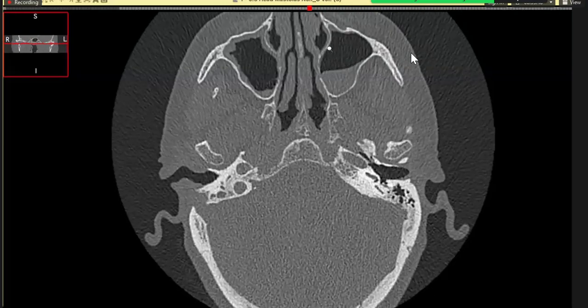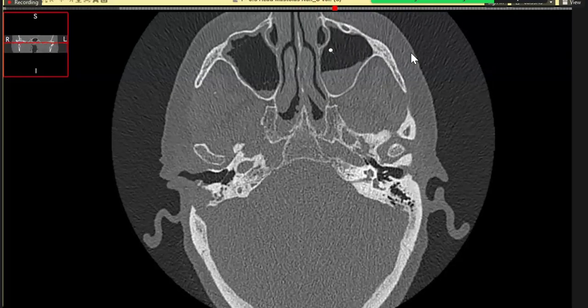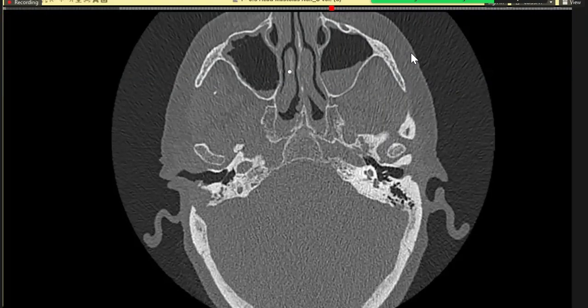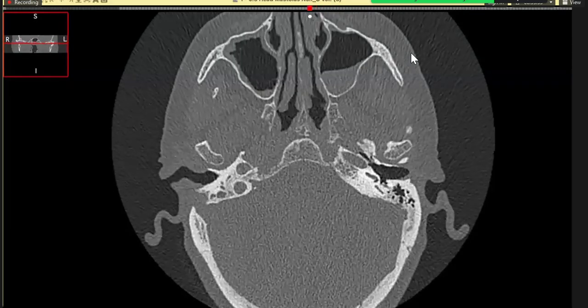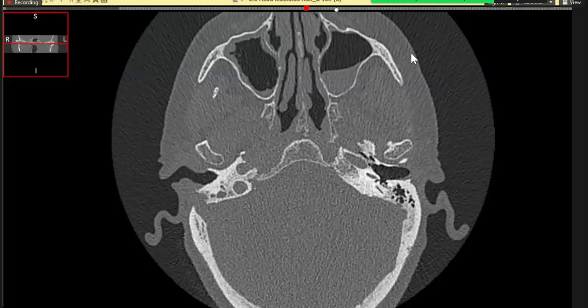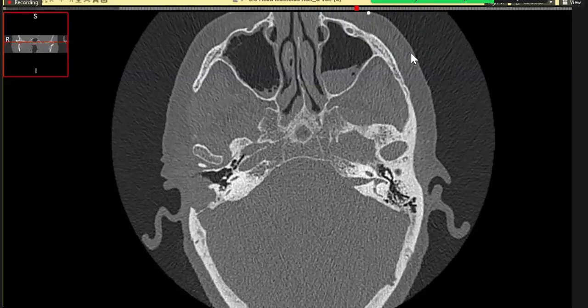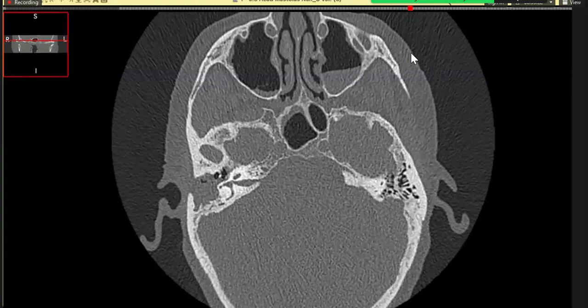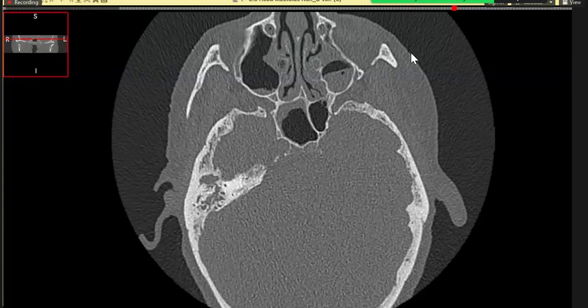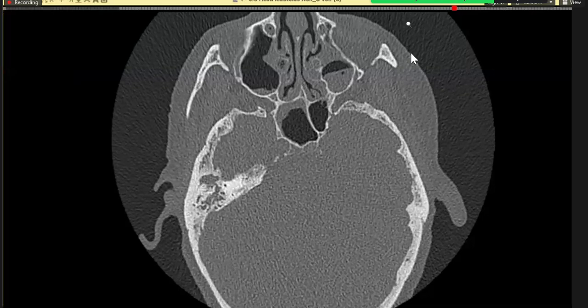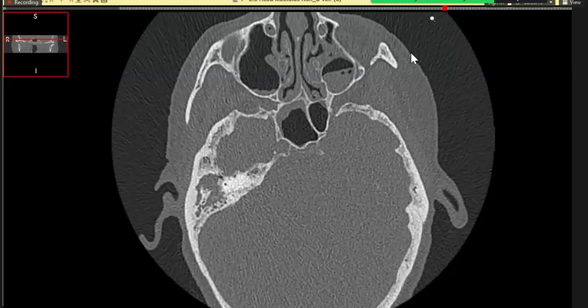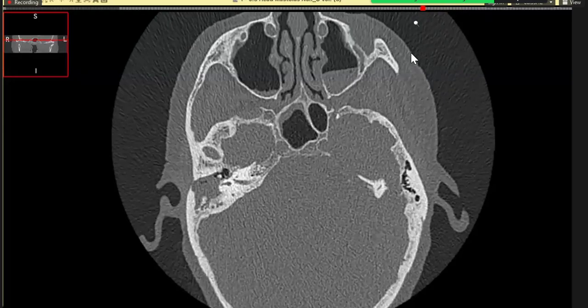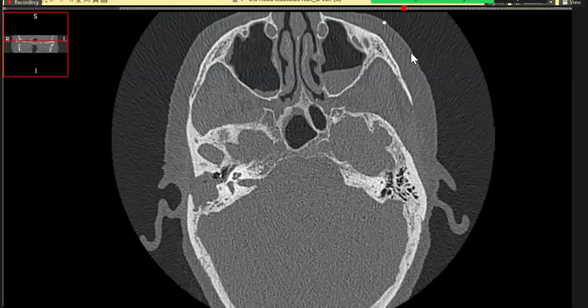The ossicles. I can see the tympanic membrane. It appears normal. So this looks like a destructive lesion.